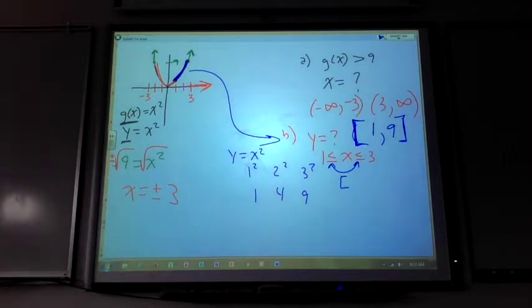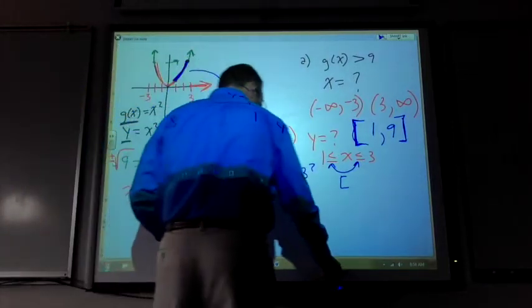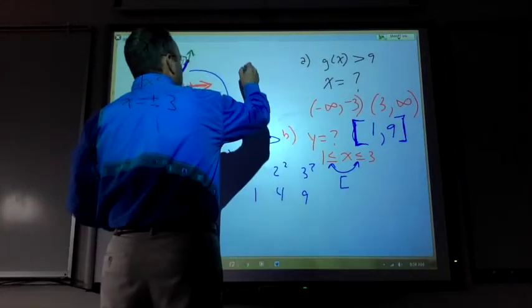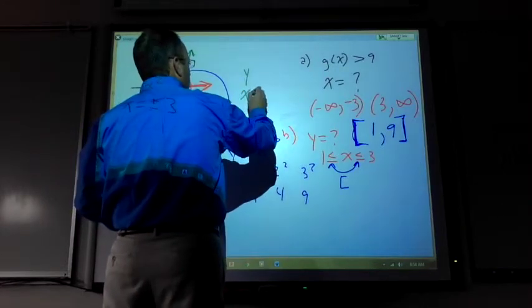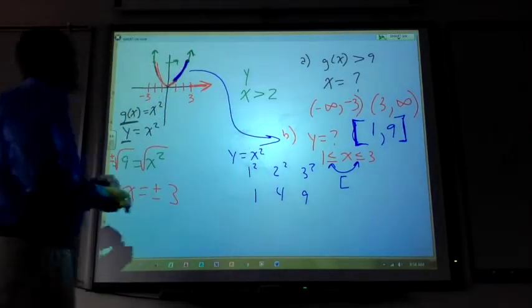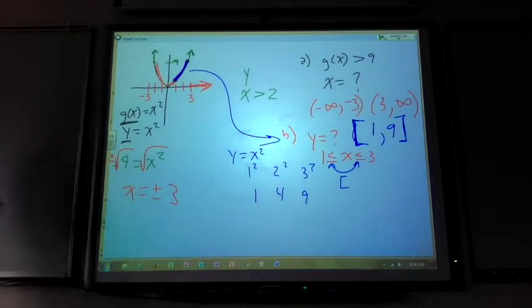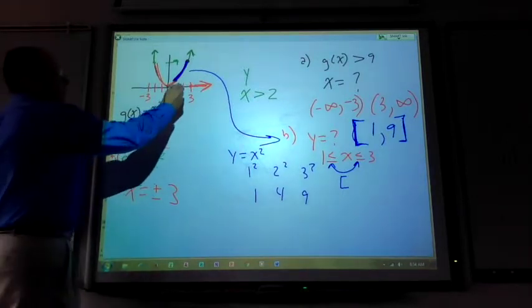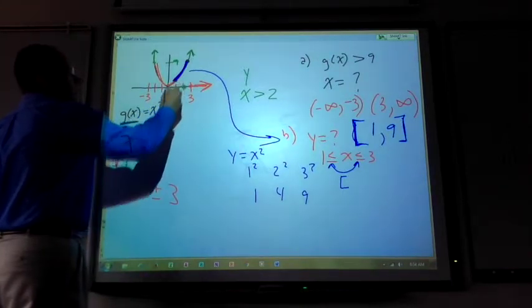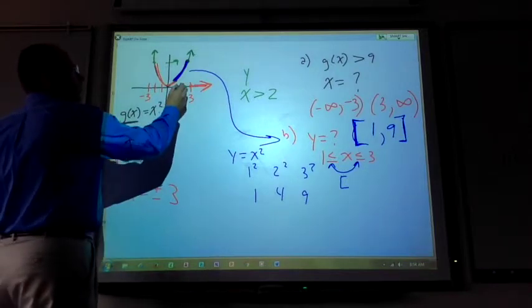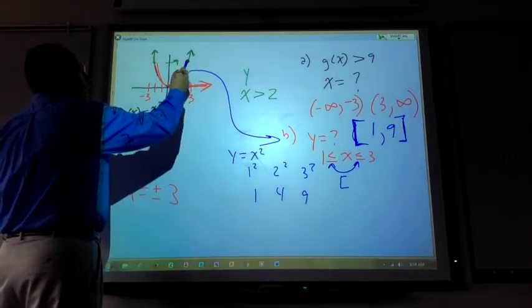Find the values of y that correspond when x is bigger than 2. Find the value of y when x is greater than 2. So we're talking here, which goes here.